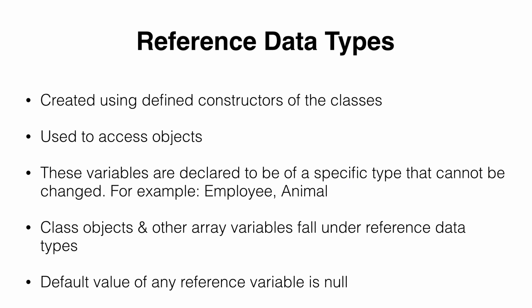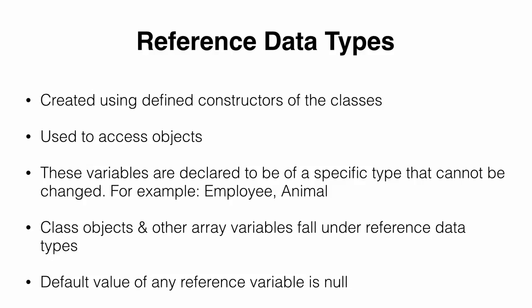So then we come on to reference data types. Reference data types are created using defined constructors of the class or classes, used to access objects, which we've shown briefly, but there's a video in this playlist or series, whatever you want to call it, that is very helpful when it comes to understanding how objects work.